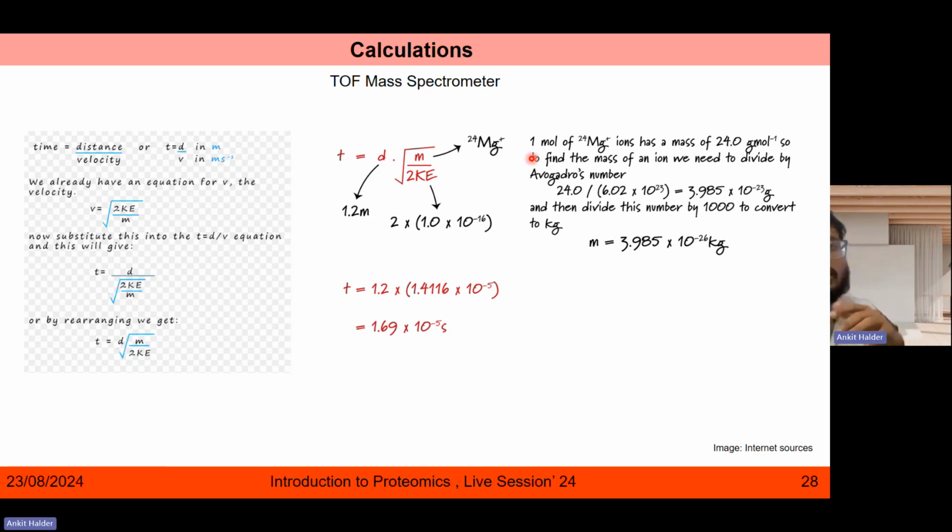So, for example, a mole of Mg2+ ions has a mass of 24 gram per mole. To find the mass of an ion, we need to divide by the Avogadro number and then convert to kg. So the time to reach, where the distance is given as 1.2 meters, you will calculate the mass and then substitute it into the time.